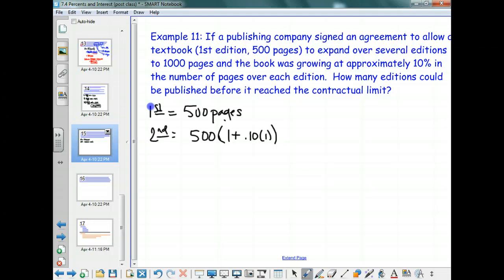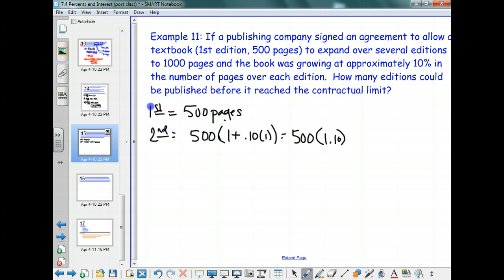Looks a lot like a simple interest formula, doesn't it? It should. The simple interest formula took the rate, that's my 10% here, times the number of years, and it's not a number of years this time, it's an edition count, times the original number of book pages. So that's where this is coming from to give me 500 times 1.1, or 1.10 if it helps you to see that.